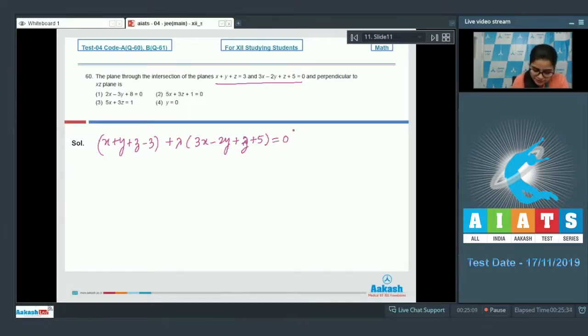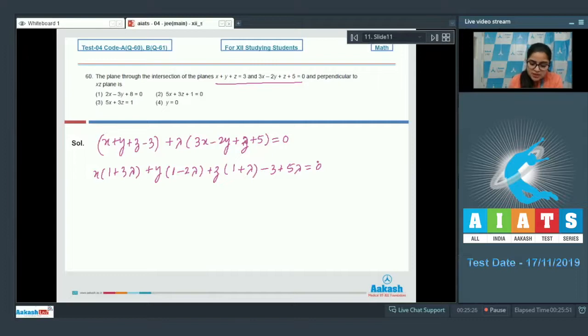And just write down x times 1 plus 3 lambda plus y times 1 minus 2 lambda plus z times 1 plus lambda minus 3 plus 5 lambda is equal to 0.